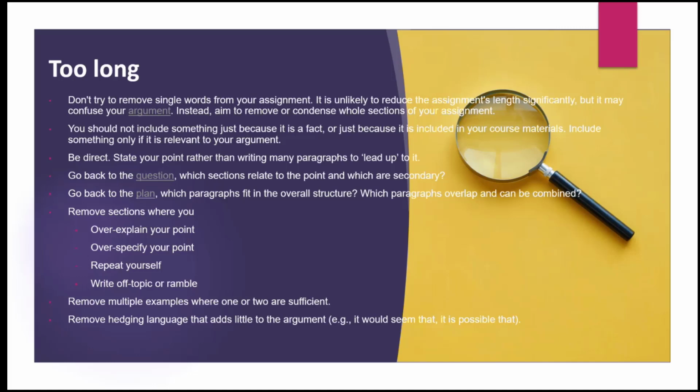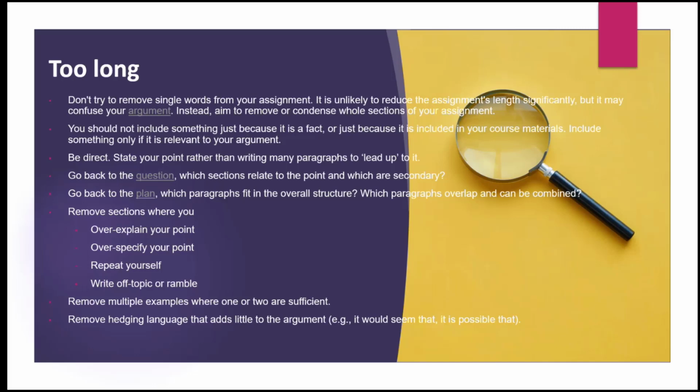So let's say you were supposed to write 2,500 words and you are somewhere at 3,500 words. You're like 1,000 words above. So the question is, how do I bring it down to 2,500? Then we're going to look at if it's too low, what should you consider to bring it up to the accepted word count?